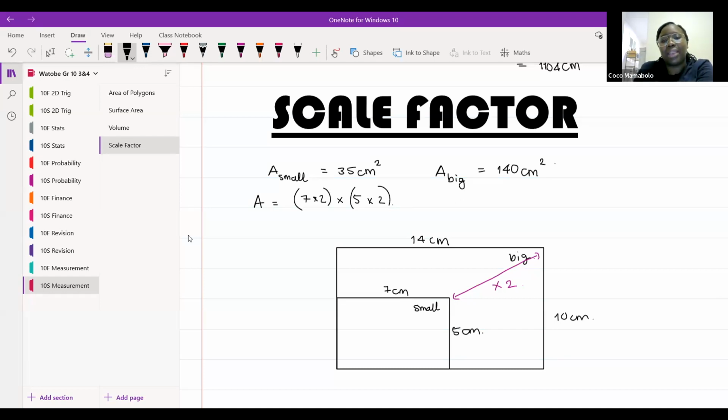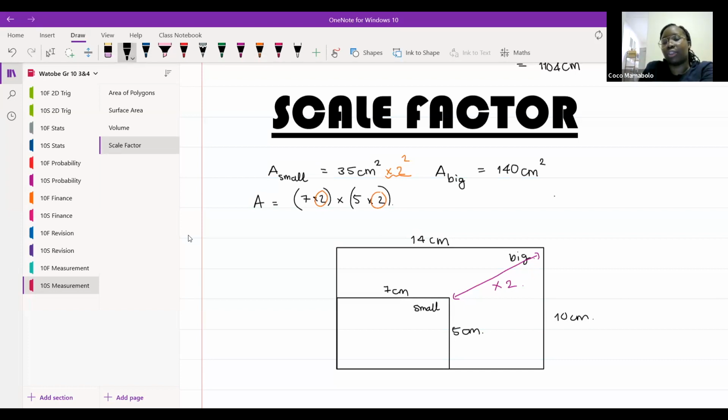Basically, we haven't added a factor of times 2, we've added a factor of times 2 squared, because it's times 2 times 2. So when we double the sides, the area is multiplied by 2 squared. What about the volume?